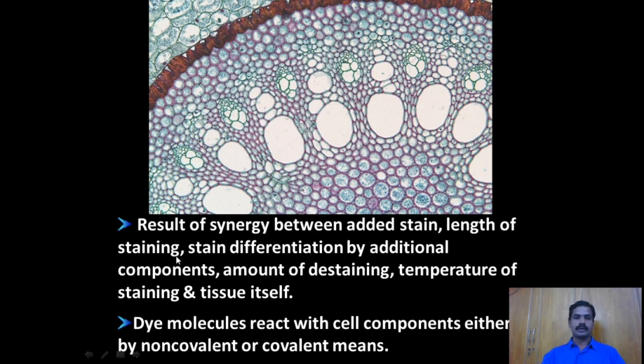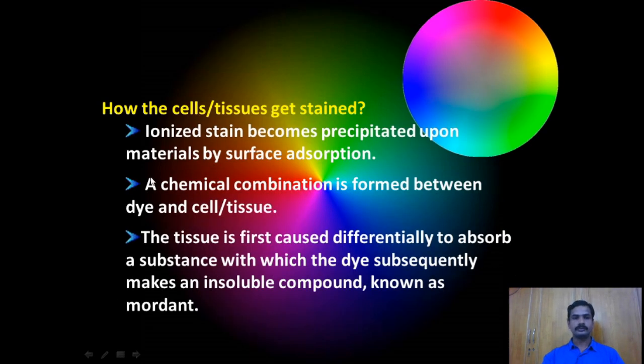The dye molecules react with cell components either by non-covalent or covalent means. How do the cells or tissues get stained during the procedure of staining? The ionized stain becomes precipitated upon materials by surface adsorption. In some cases, a chemical combination is formed between dyes and cell or tissue.